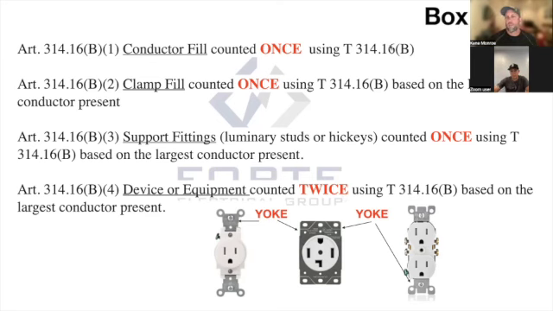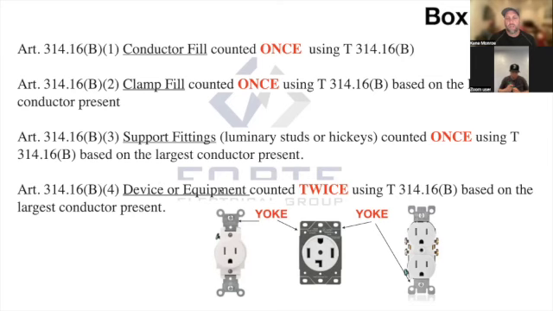So we've got to go in there, and what I do is for B1, I'd highlight conductor fill and put a 1 by it in your book. And then B2, clamp fill, put a 1 by it. And then support fittings, put a 1 by it.